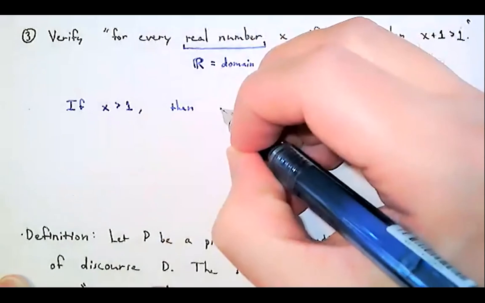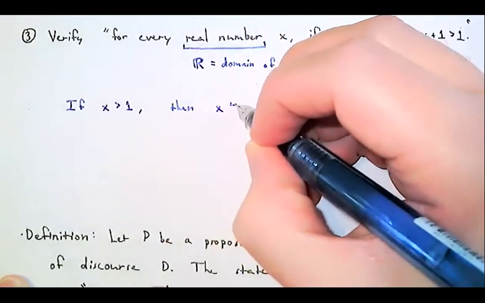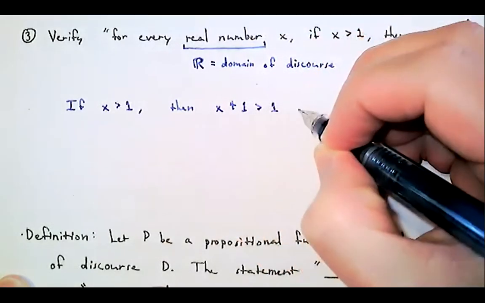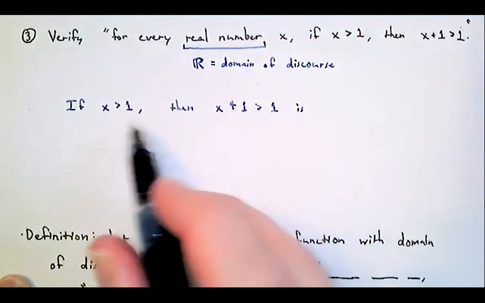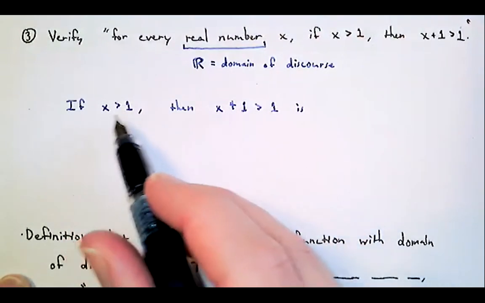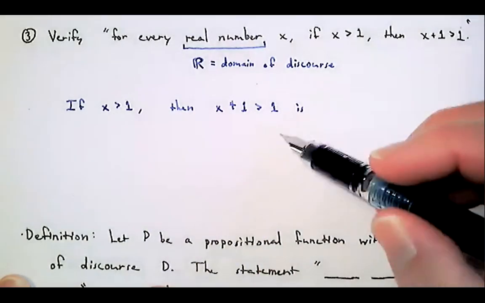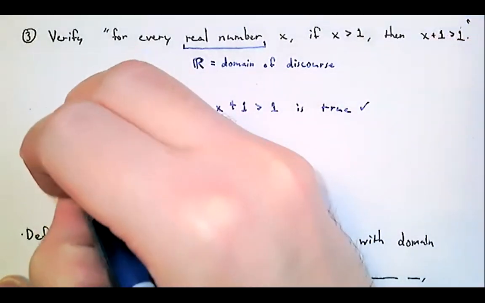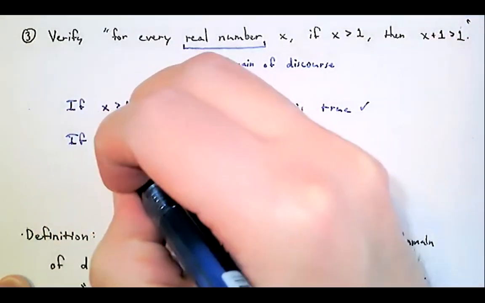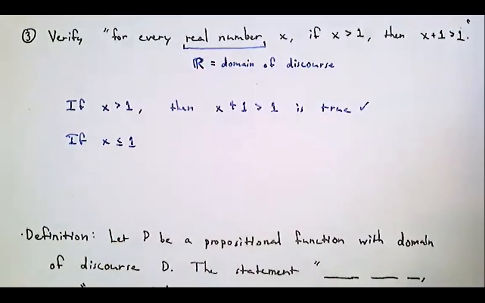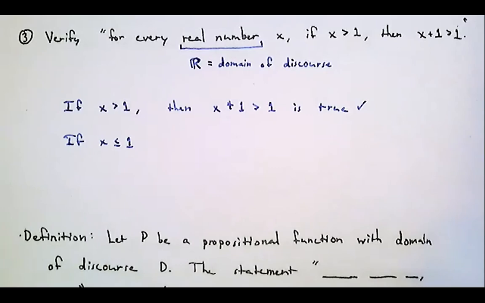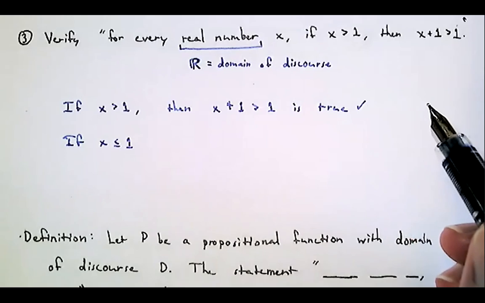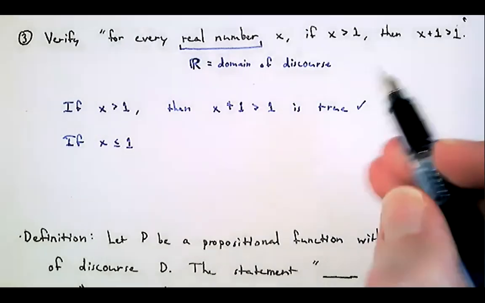Well, this is definitely true. If you plug in the number 2 or 1.5, if you add 1, then you're definitely going to get something bigger than 1. But what would it mean to plug in all of the other numbers, if x is less than or equal to 1? Is this still a true statement?